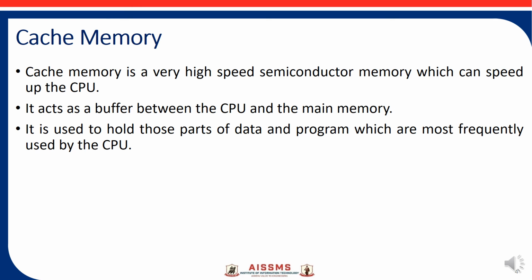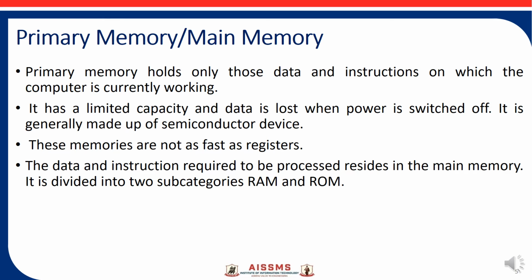The next type is primary memory or the main memory. The primary memory holds only those data and instructions on which the computer is currently working. It has a limited capacity and the data is lost when power is switched off. It is generally made up of semiconductor devices. So we can say this main memory is volatile memory, and these memories are not as fast as the registers.